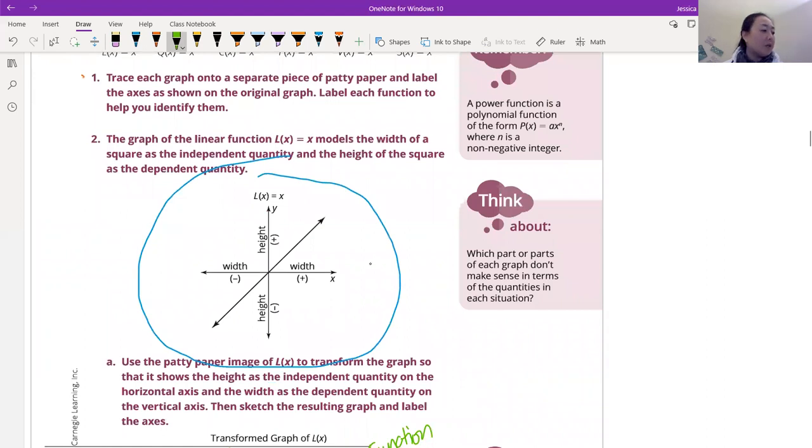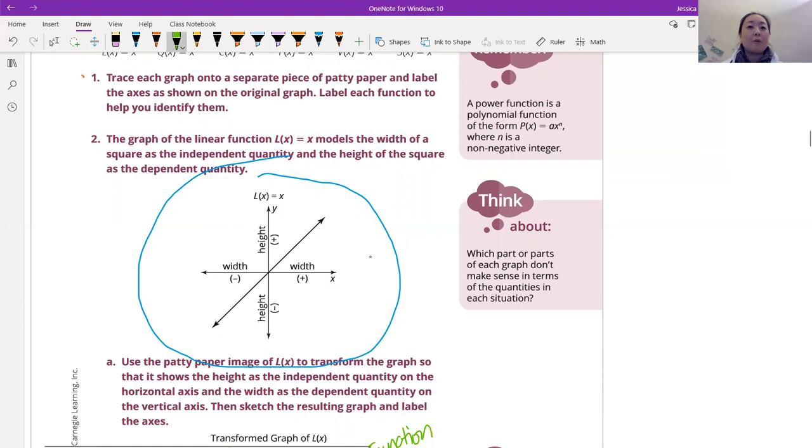And if you notice, don't worry about the height and the width. We're not going to go into what this models or anything like that, right? So what you're going to do is just trace it like how I did. So I just put this on the book and just traced, like back when you used to trace. Did you ever trace pictures? And so you just trace the picture and you're like, okay, graph done.